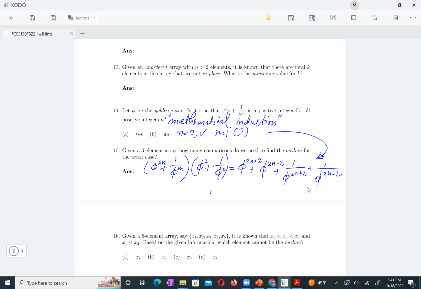Let me write it in this way. Because for mathematical induction, we can make the induction assumption, right? Make your induction assumption using the way we use in our notes.